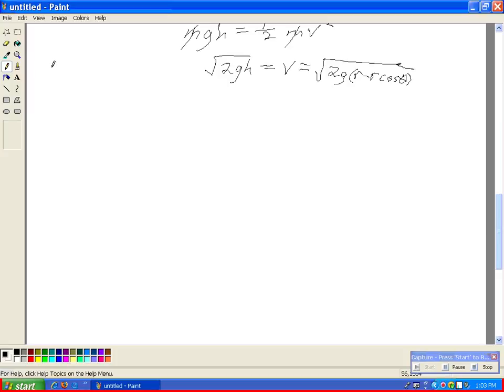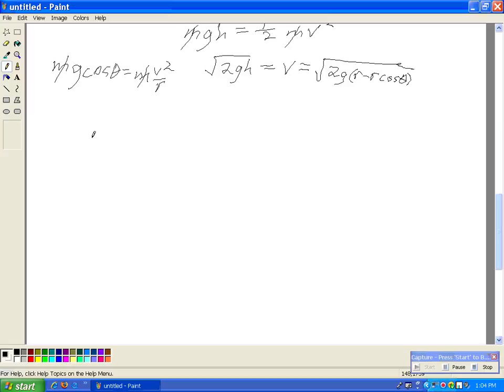So mg cosine theta equals m v squared over r. We're going to replace v with this, and the mass stays the same, so we don't have to worry about the mass.